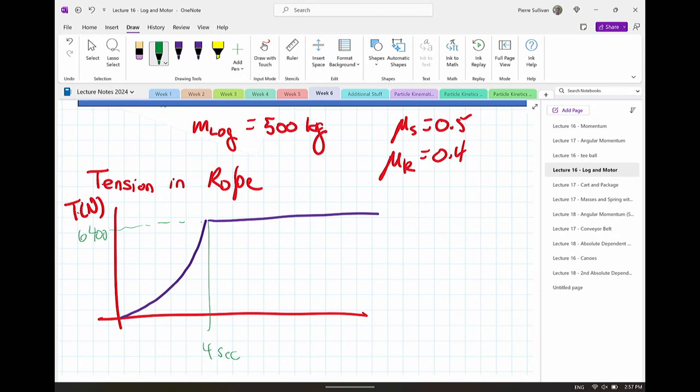And then after that, it will have a constant tension in the cable. You're given a function of 400 t squared for that tension as it rises from 0 to its maximum value.